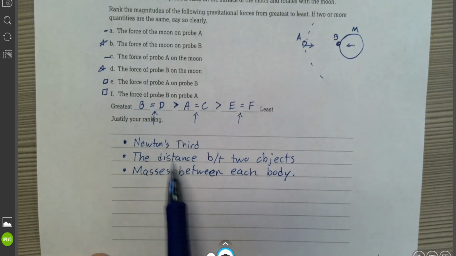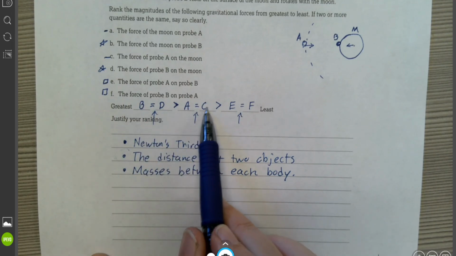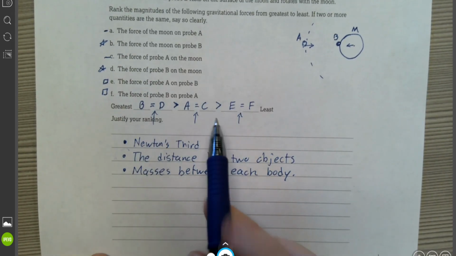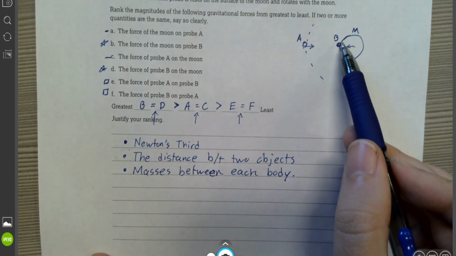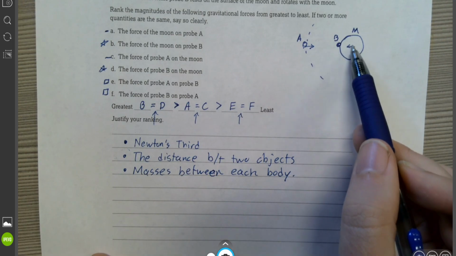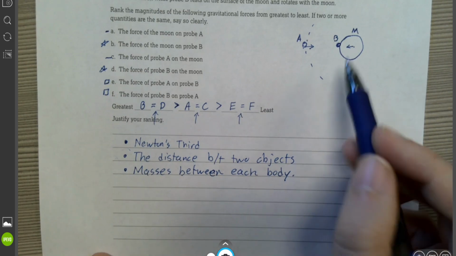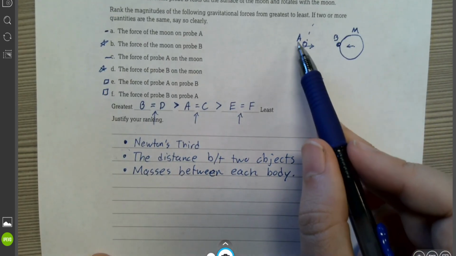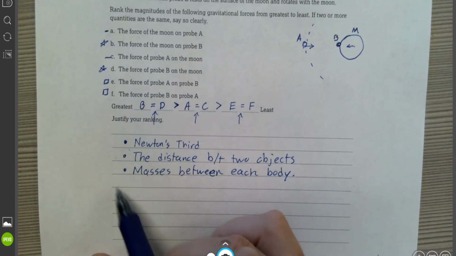Between these three justifications, the distances should give you a reasoning for why some of these are greater than the others, and then the masses will give you the difference between why the mass of the moon gives you a greater pull than the mass of probe B. So that's why it has a greater pull on probe A than probe B has on probe A. And that will give you those three.